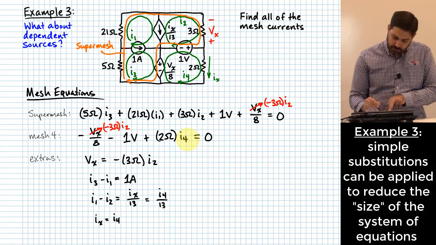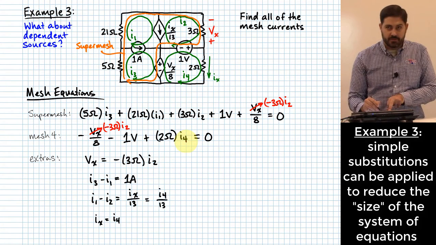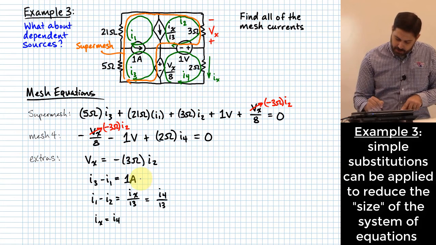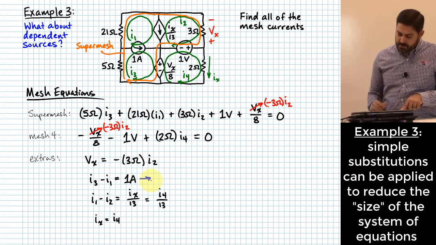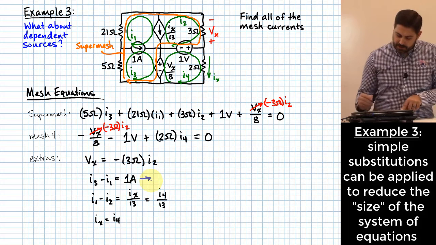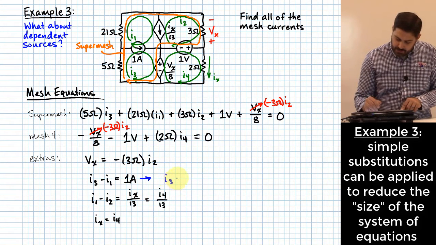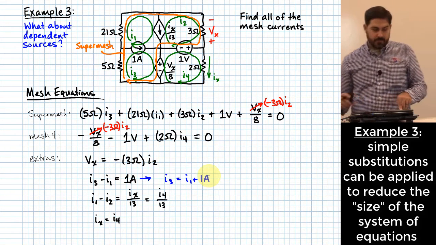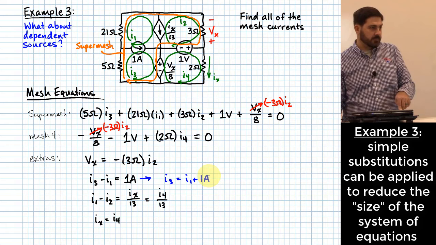Okay. Is there something else I could remove to try to help myself out? There's a couple ways I can approach this, but this equation right here is relatively easy for me to deal with. It says that I3 is equal to I1 plus 1 amp. Do you agree with that?